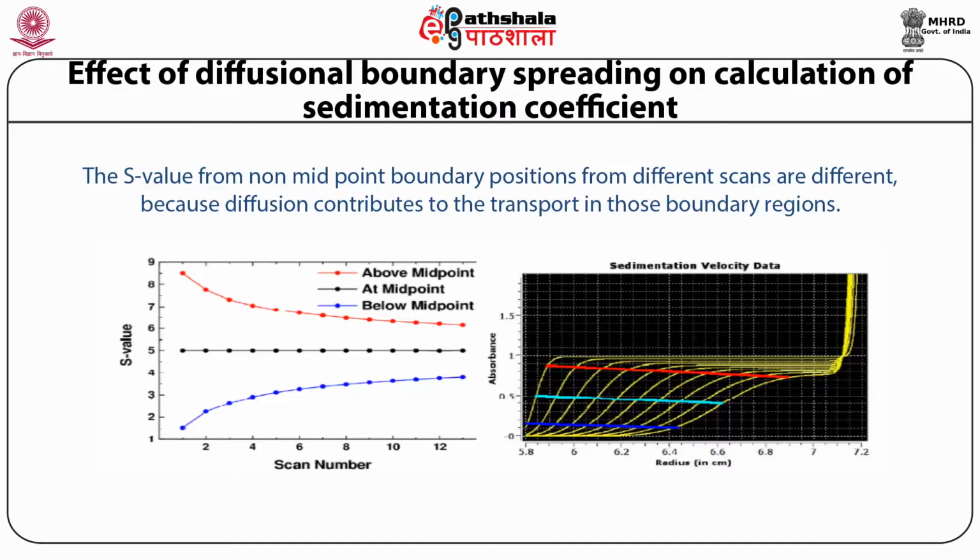That's why you can see here the scan number versus S value at above midpoint, at midpoint and below midpoint; there are chances of diffusion, so you can get different kinds of curves. So diffusion boundary spreading can be considered for the calculation of the sedimentation coefficient, and that coefficient is utilized for the calculation of the molecular mass of biological molecules.